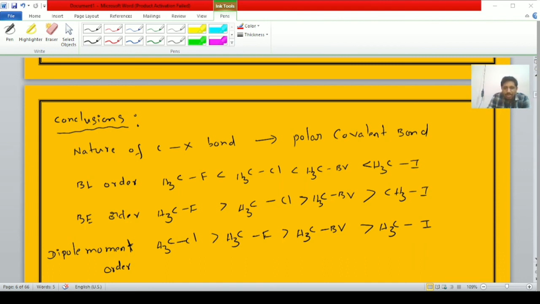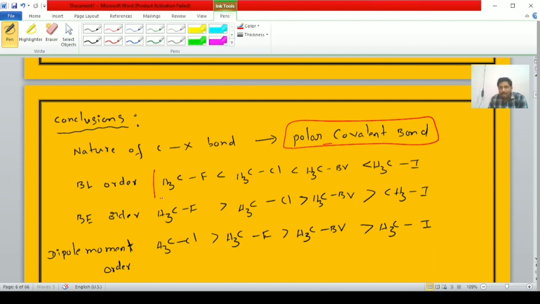First one: the nature of the carbon-halogen bond is a polar covalent bond. In examination they will ask, which of the following is the nature of the C-X bond? Polar covalent bond, non-polar covalent bond, ionic bond, coordinate covalent bond. Polar covalent bond is the correct answer, students.